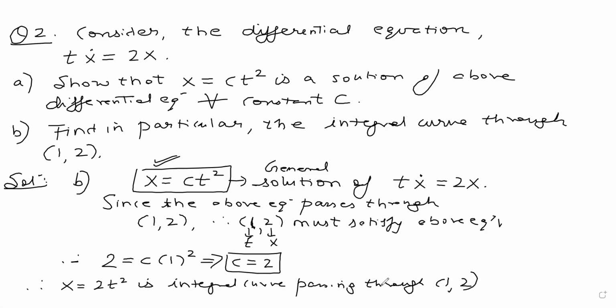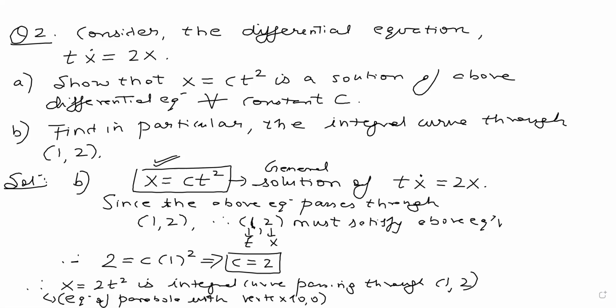If all students can see, this is nothing but the equation of a parabola with vertex at 0, 0. Okay, so hoping students have understood this.